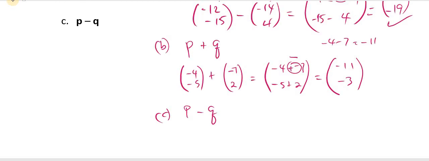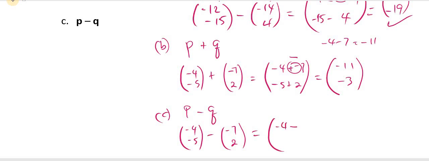In part C, we're going to subtract the two vectors. So write the component form for both vectors. And we're going to subtract corresponding components. So it's -4 minus -7 and -5 minus 2. Now when we subtract negative, we get positive.